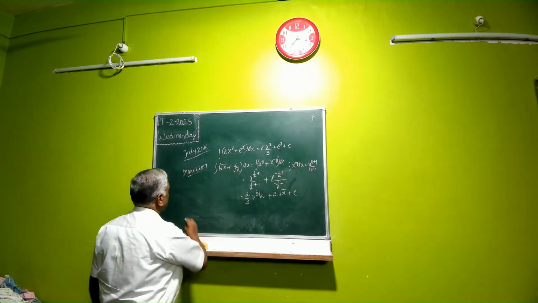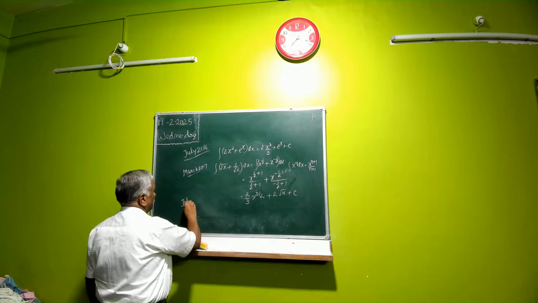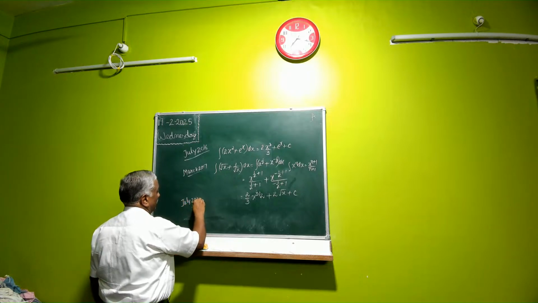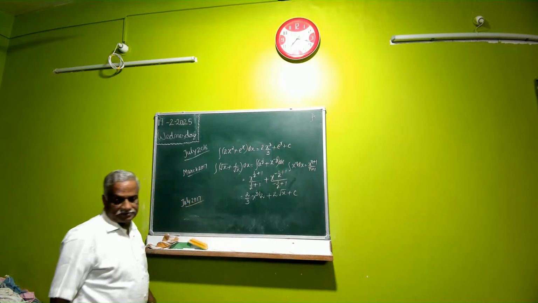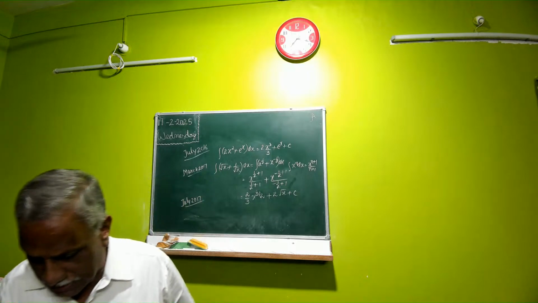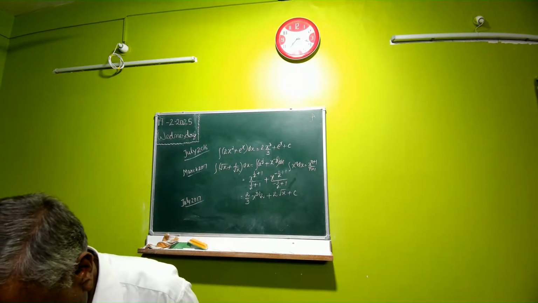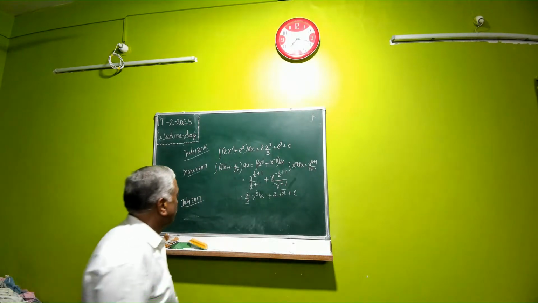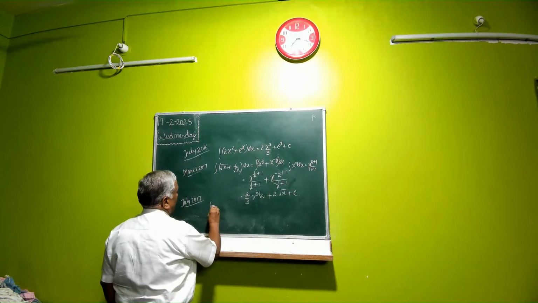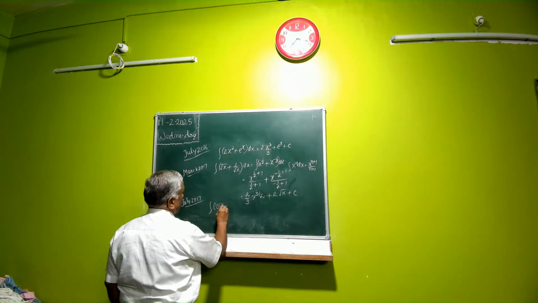So we will move on to July 2017. What is the July 2017 problem? Much simpler than the earlier years. It is cos 3x.